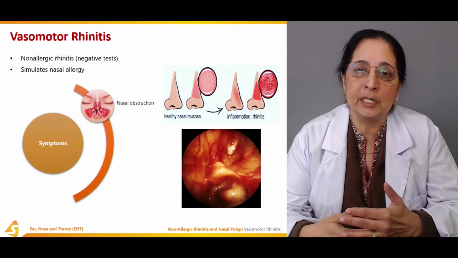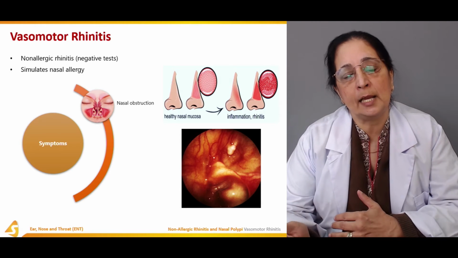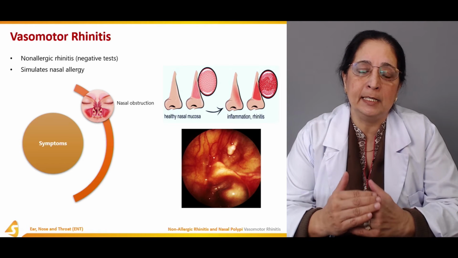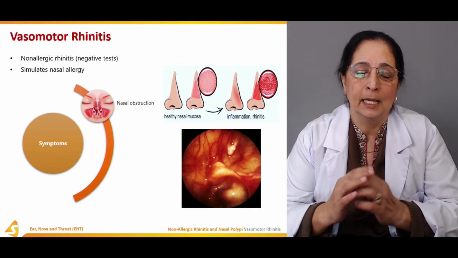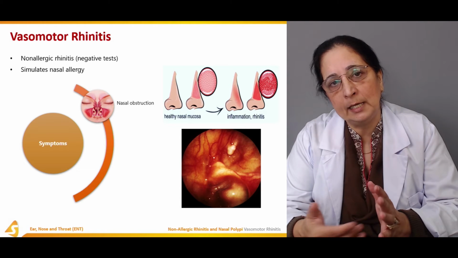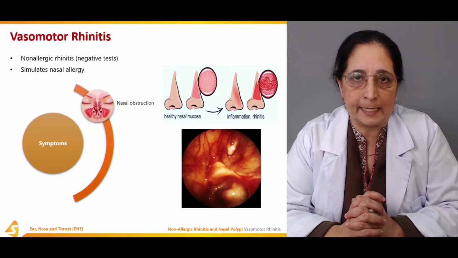And there is increased production of mucus from that. So the main changes that occur are the same, but the main difference lies in the causative agents and how they lead to the development of rhinitis.